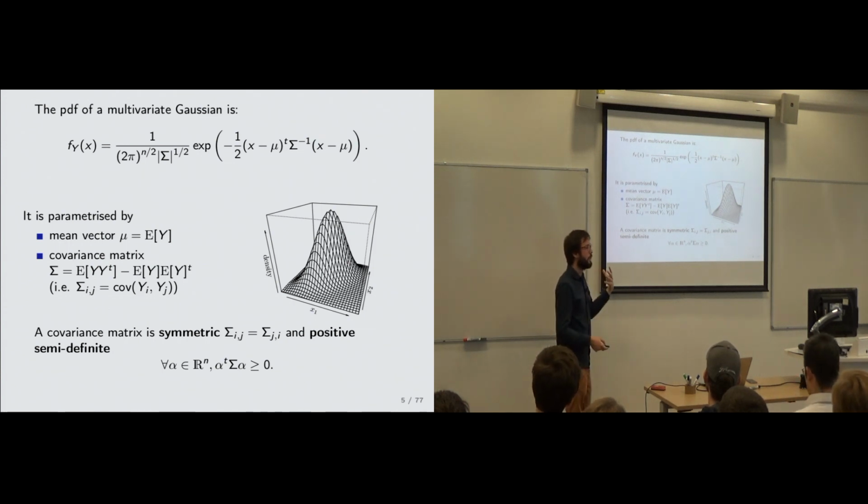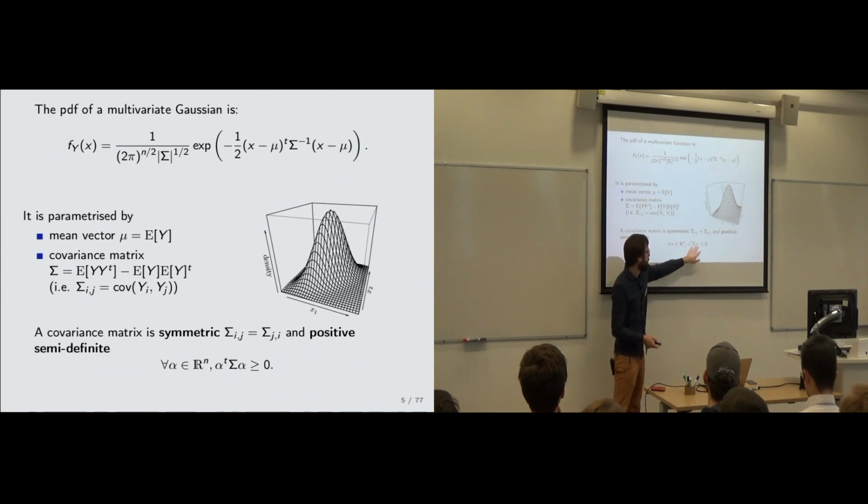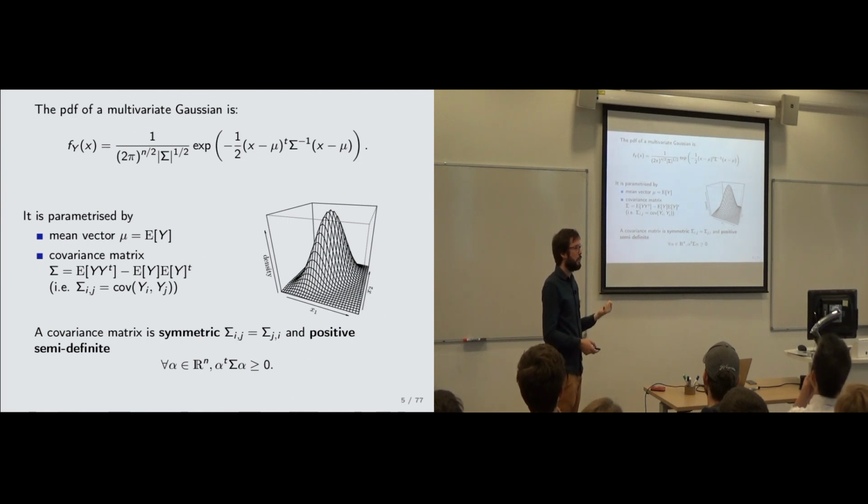Previously, we've seen that the variance is something that is positive. For a covariance matrix, it has to be positive semi-definite, so it has to satisfy this inequality. Being positive semi-definite is the equivalent of saying a variance should be greater or equal than 0, right? It's the exact same condition.